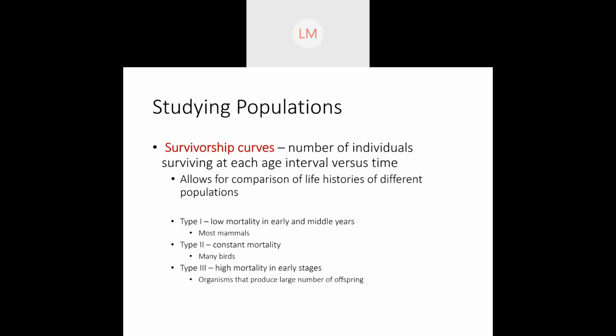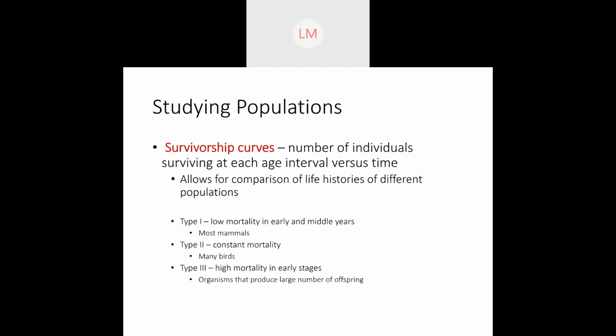The reason that we typically have this low mortality is because we are in general producing not very many offspring every year. So the offspring that we do produce, we're caring for a lot and making sure they are safe and trying to make sure they are surviving and getting to those reproductive years. So this is very low mortality in early and middle years.